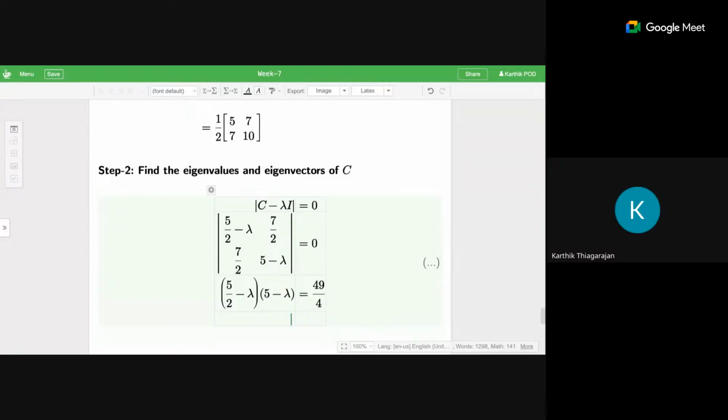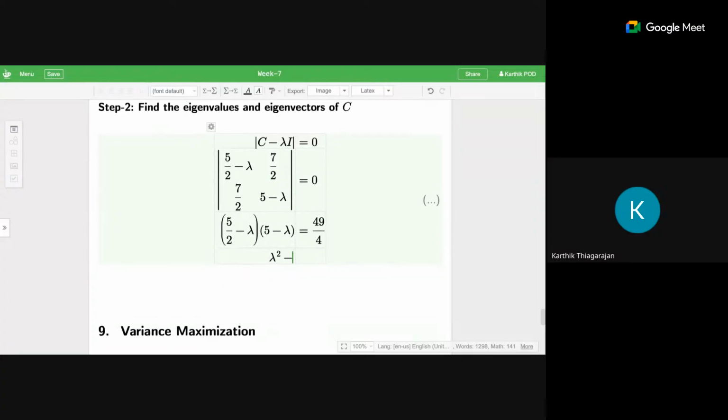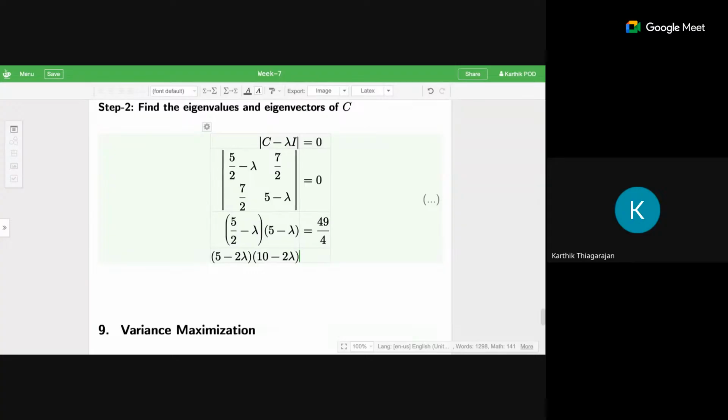And this is lambda square minus... let's just put this 4 inside, so that we end up with something slightly cleaner. If 4 goes in, 2 goes here, 2 goes there. What will it be? It will be 5 minus 2 lambda and 10 minus 2 lambda is equal to 49.